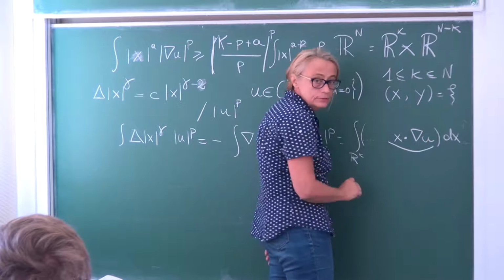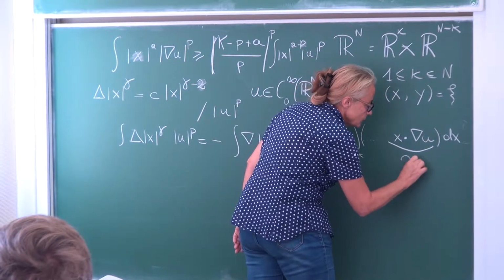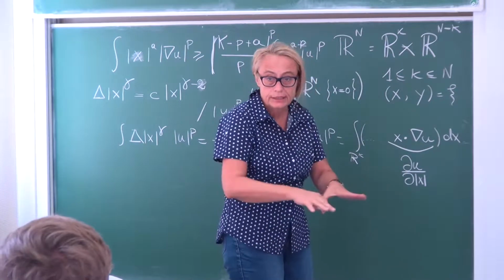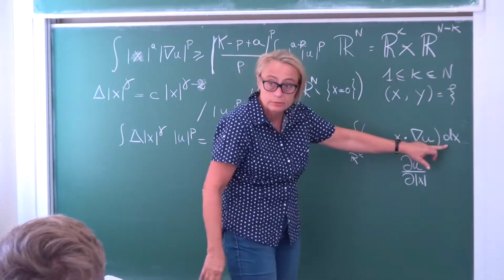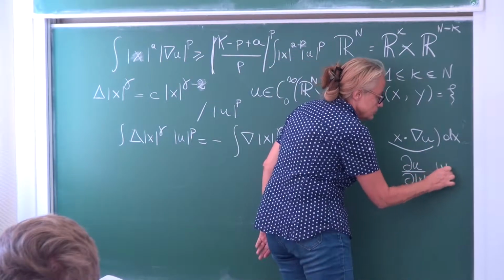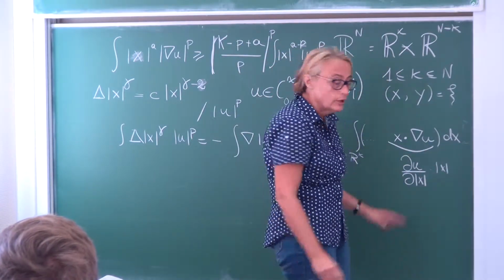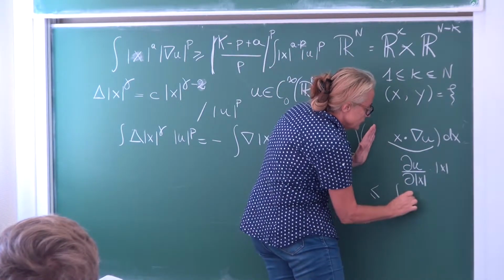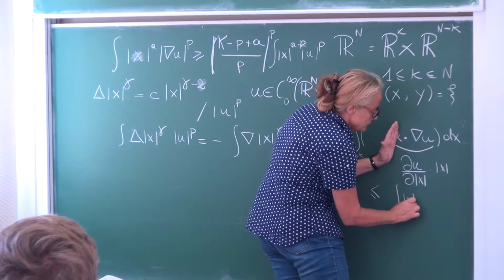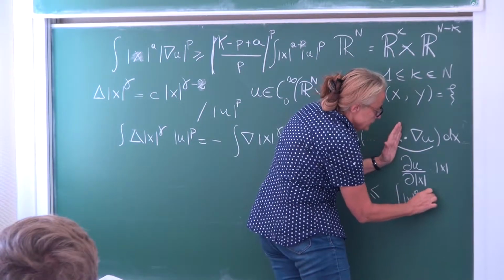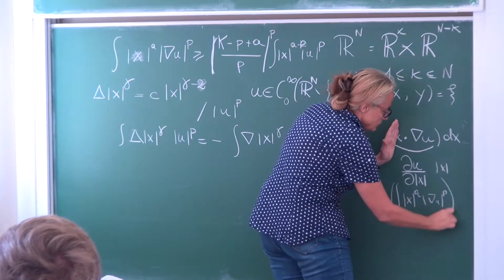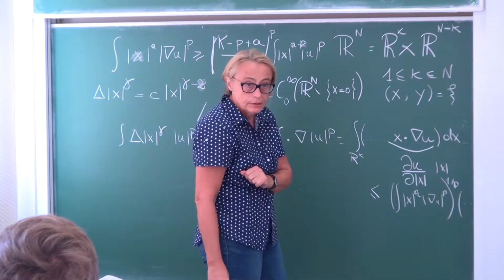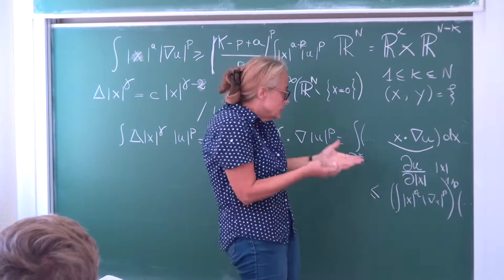But this is the radial derivative of u with respect to the radial direction in R^k in this variable. So actually, at the first step, we used some Hölder inequality that gives us some x to some power a, gradient of u in L^p, to the 1 over p, and some other integral here. But that was really rough.